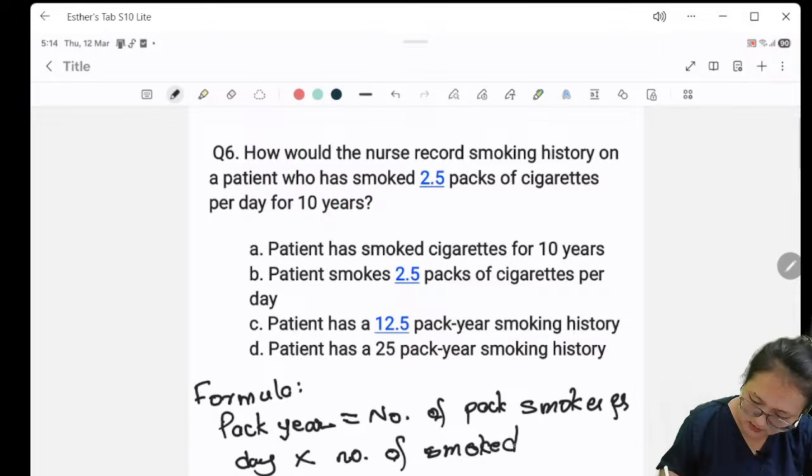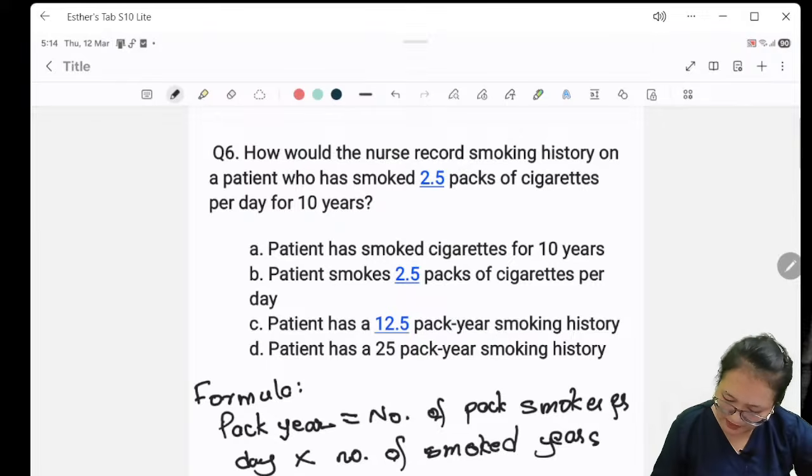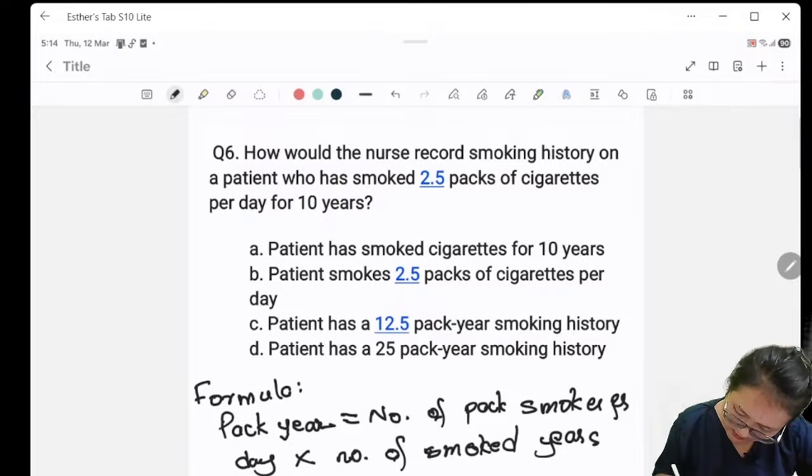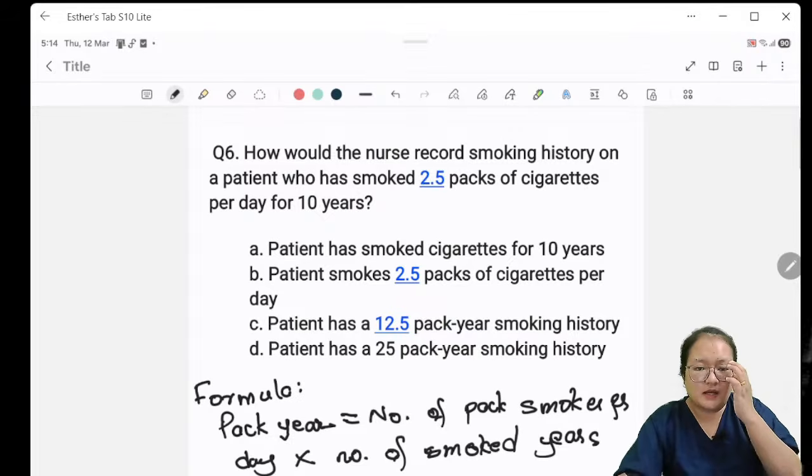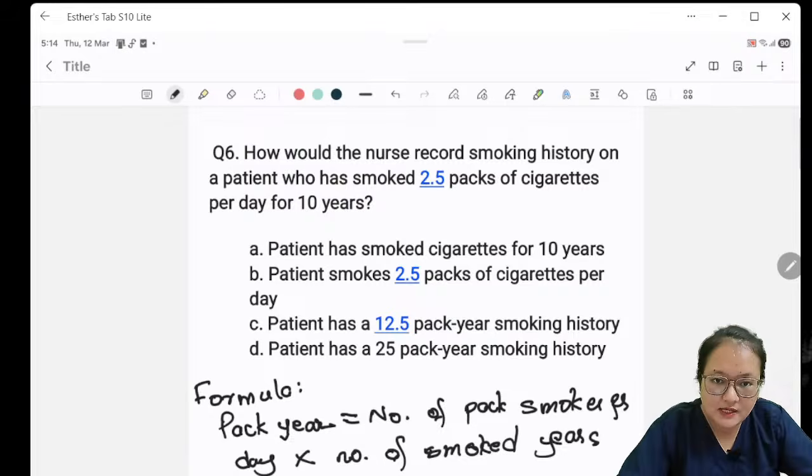Okay, the years is how long the patient has smoked. So the number of packs smoked per day is 2.5, right? 2.5 into 10 years. Okay, then it will come to 25. Okay, so among these the right answer will be D. The patient has a 25 pack-year smoking history.